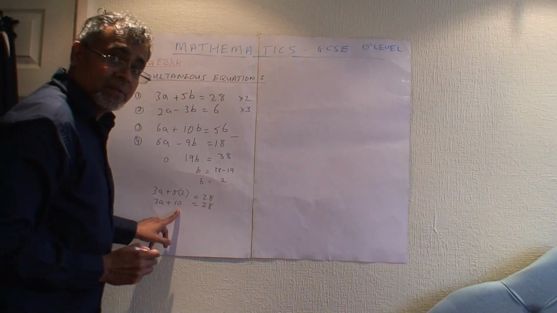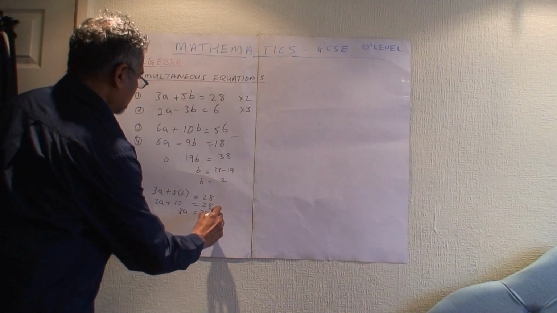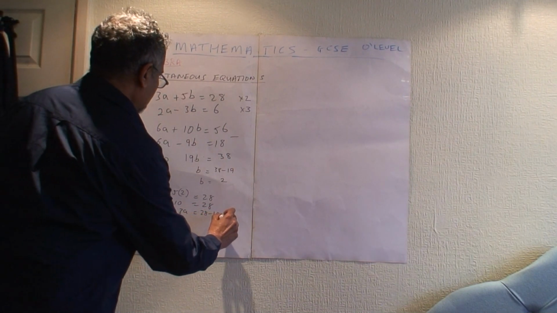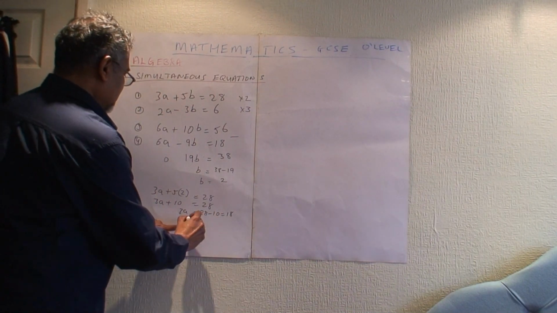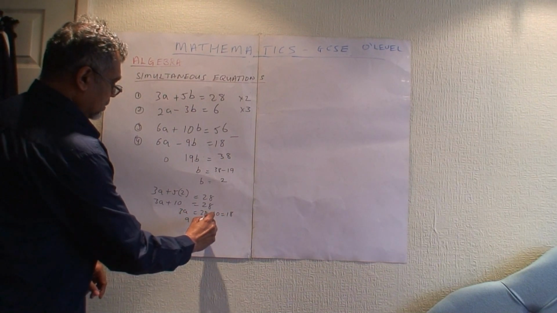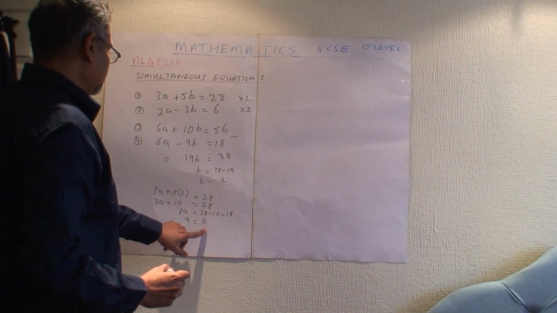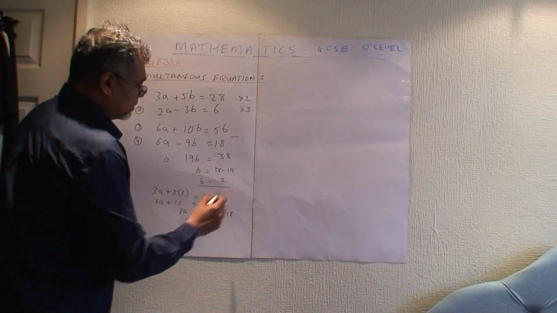We minus 10 on both sides. So that's 3a is equal to 28 minus 10, which is 18. So a, divide both sides by 3. a is 6. So a is 6 and b is 2.